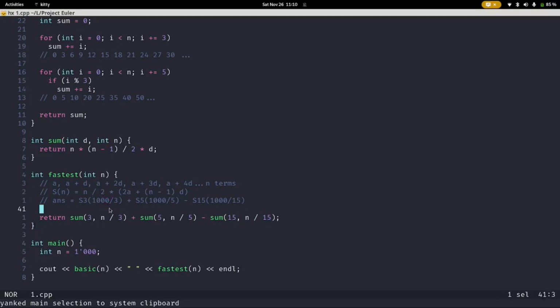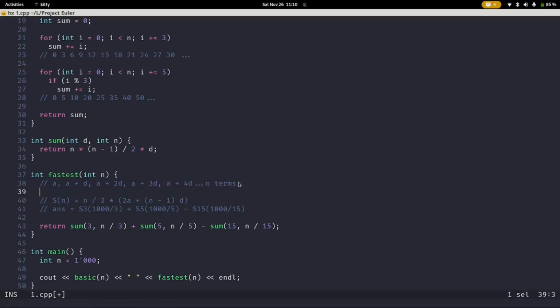Say n is 1000. We can calculate how many terms there are by taking a look at the generalized form. So a_n is equal to a plus n minus 1 times d.